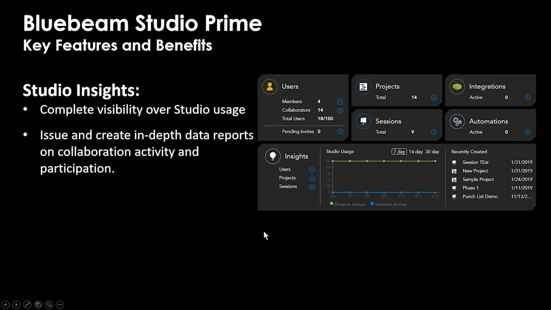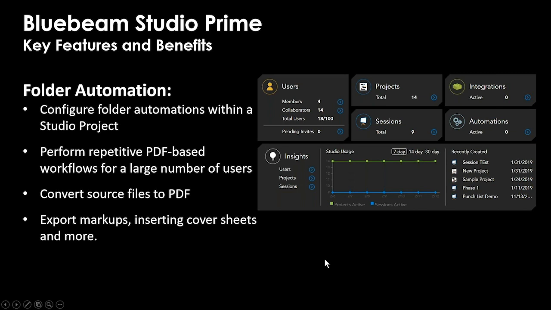There is something called Studio Insights. I'm going to try to illustrate that. What it will do is show you a complete overview of how the product has been accessed and used, and there would be reports that you could generate over any particular period of time. Folder automation is what I'm going to also illustrate.